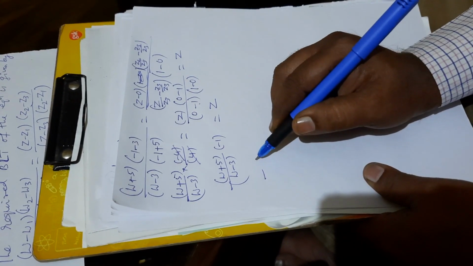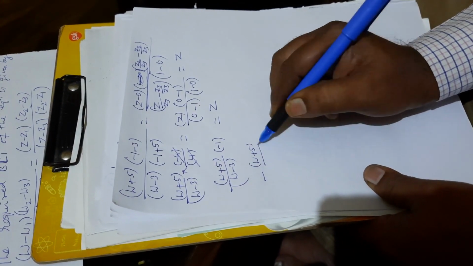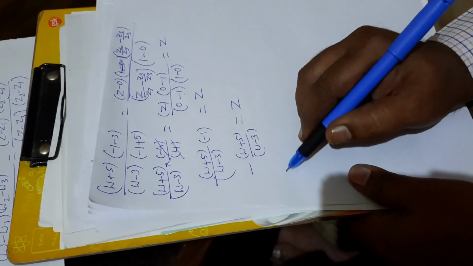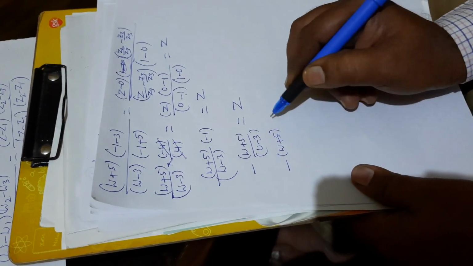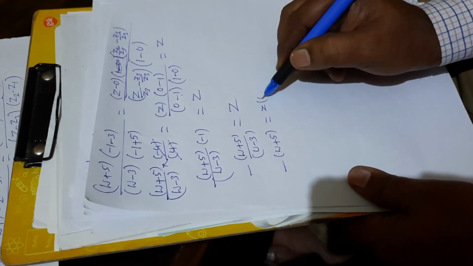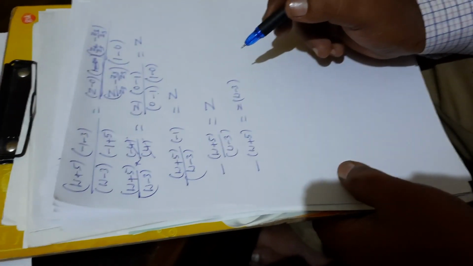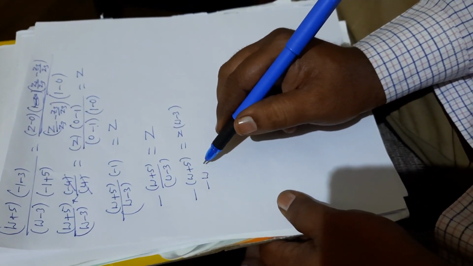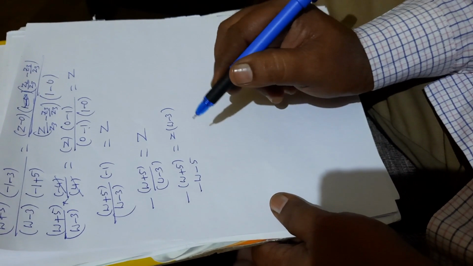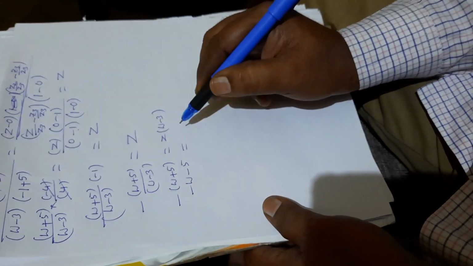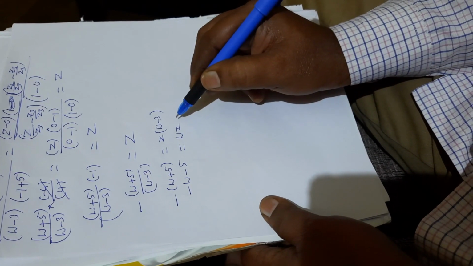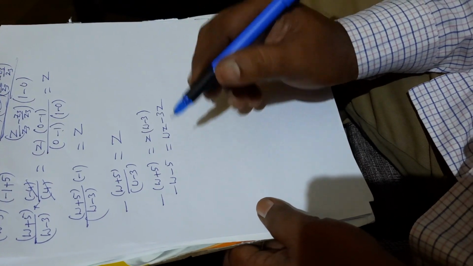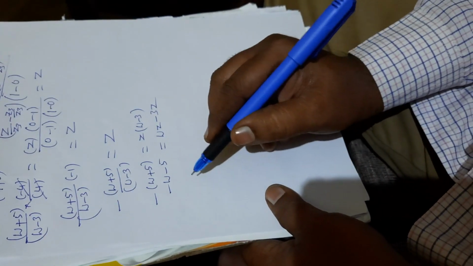(W plus 5) divided by (W minus 3) equals minus Z. Cross multiplication: minus (W plus 5) equals Z into (W minus 3), so minus W minus 5 equals WZ minus 3Z. Otherwise, multiply by each term, there is no problem.